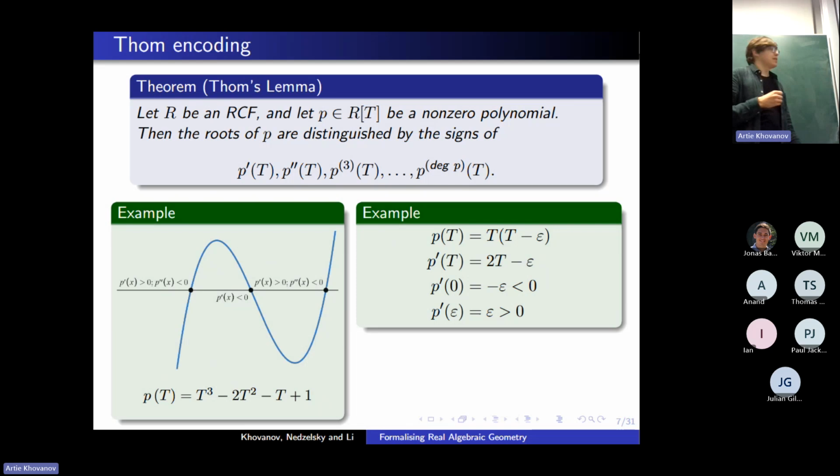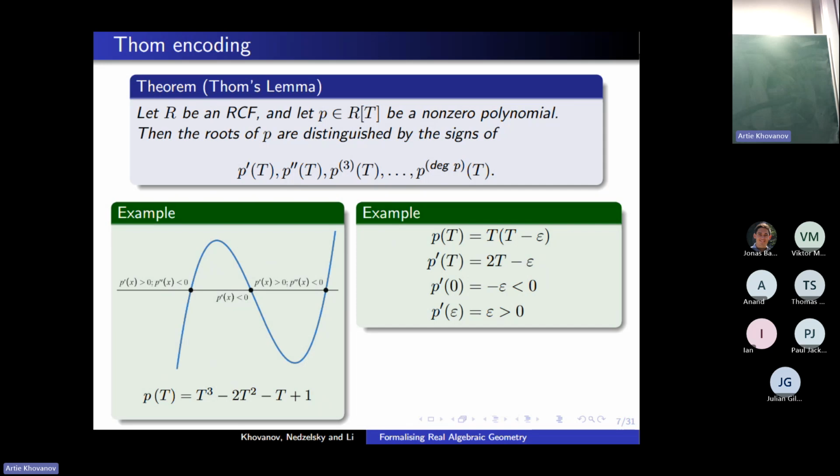So, for instance, with this polynomial here, the first root and the third root both have positive first derivative, and the second root has negative first derivative, so that distinguishes the second root. But then if you check the second derivatives, you see that the gradient's decreasing at the first root and the gradient's increasing at the third root. And basically, yeah, this always works.